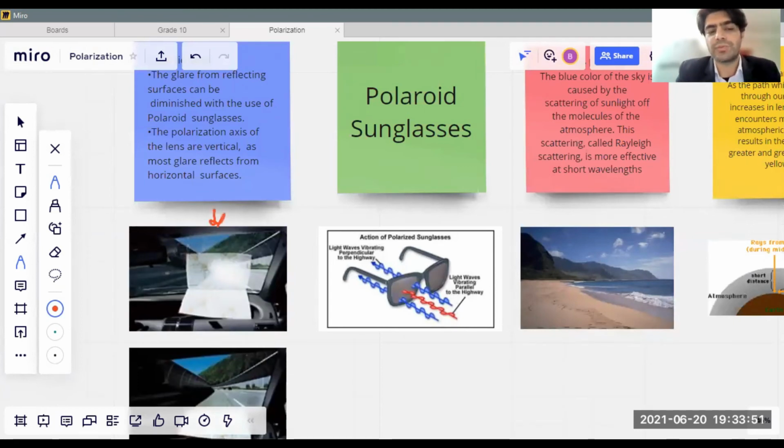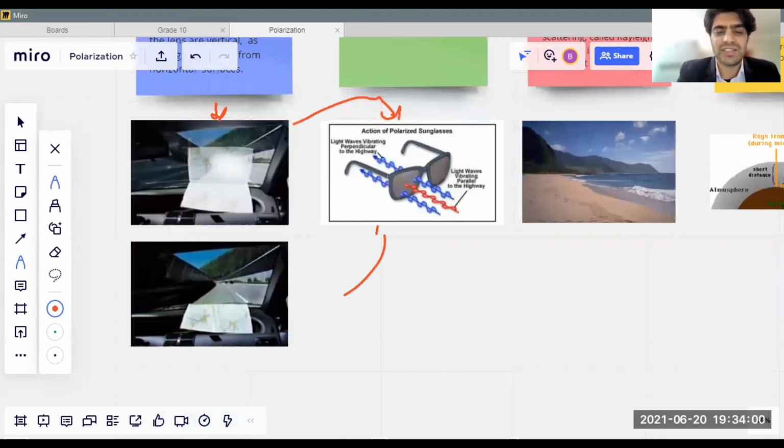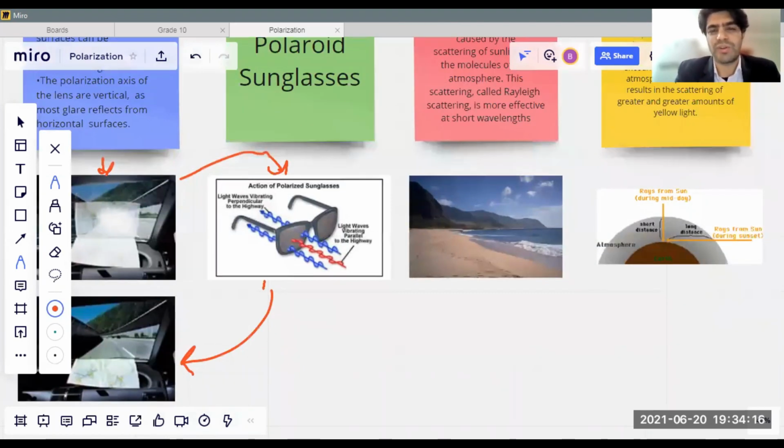There's a document on a dashboard which creates a reflection on the windscreen. With the help of polarized glasses, you can reduce it. In this picture, you can see that while wearing the glasses, the intensity is reduced, which we proved in Malus law, and the reflection is removed. So this is an application of polarization.